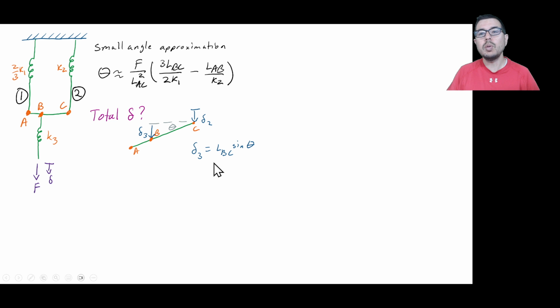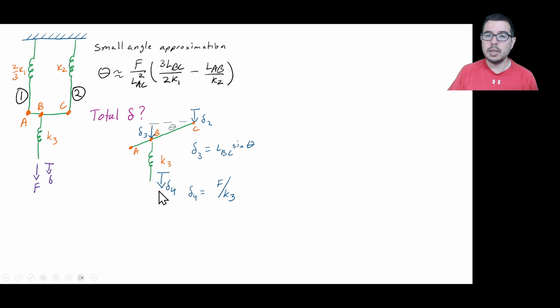All right. So delta 3, going back to that use of either similar triangles or the trigonometric definition of the ratio of L3 to the hypotenuse, LBC, we have that delta 3 is equal to LBC sine theta. We're going to say that there's this additional deformation of the spring with coefficient K3, and we'll call that delta 4.